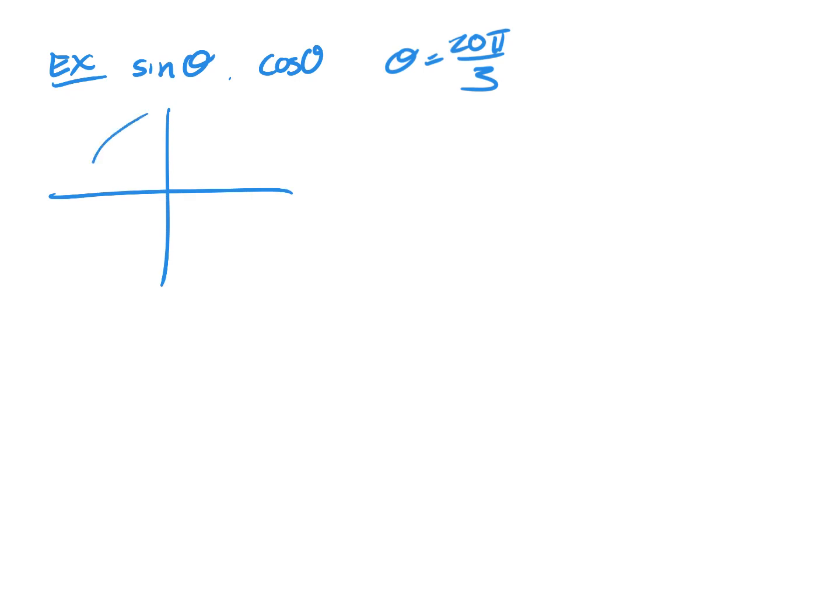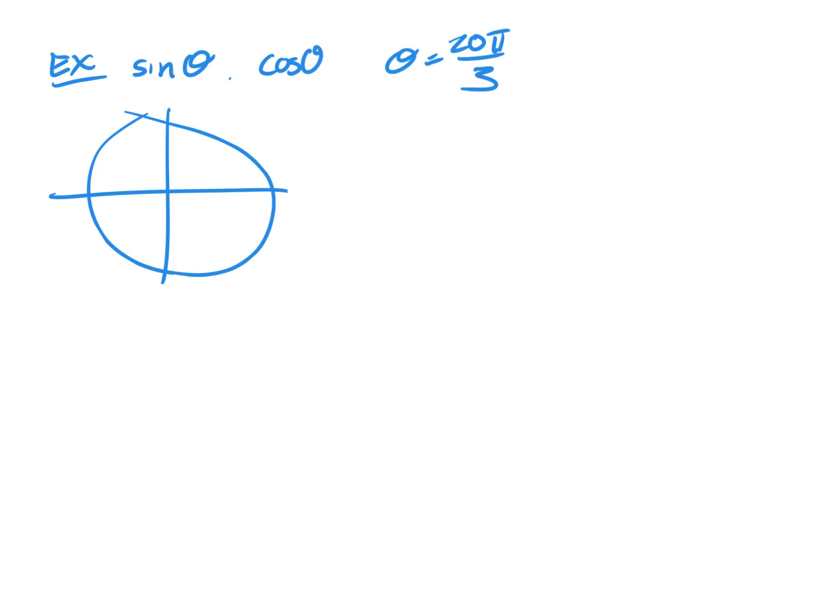This is an example where we want to calculate sine of theta and cosine of theta if our value for theta is 20 pi over 3. So our angle, 20 pi over 3, well, where is that?